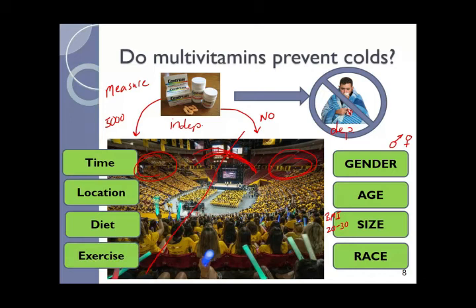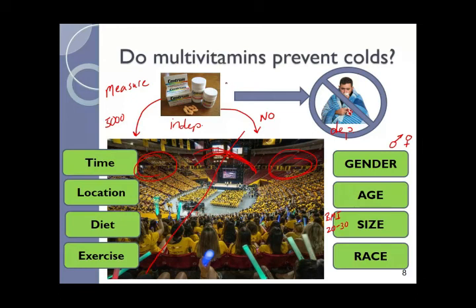Exercise. You sign them all up for the same PE class. So we make sure that they're all getting a certain amount of exercise per week, nothing crazy. You're a student athlete, I'm sorry, you can't be part of this study. Or maybe we analyze you separately. So there's the big idea. There's our setup and all our controlled variables, probably even more than you really need to report to me.